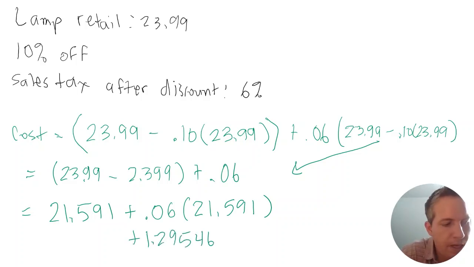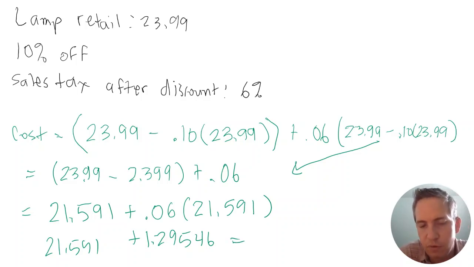So that $21.591 is how much the lamp costs, and the amount of tax that I have to pay is $1.29546. If I add those together, I get $23.21 if I round to the nearest cent. $23.21.